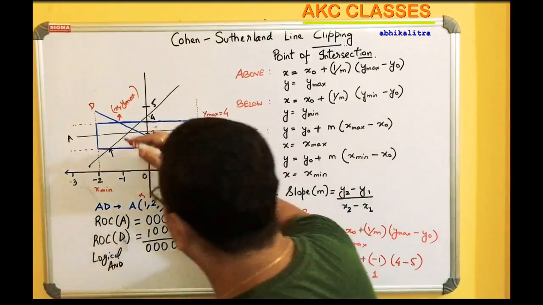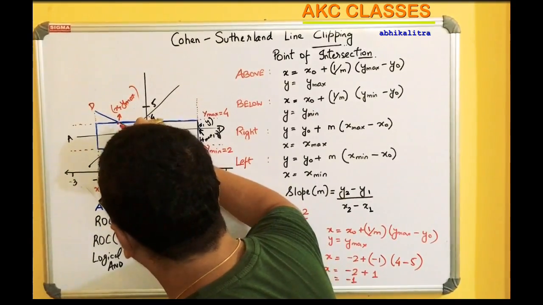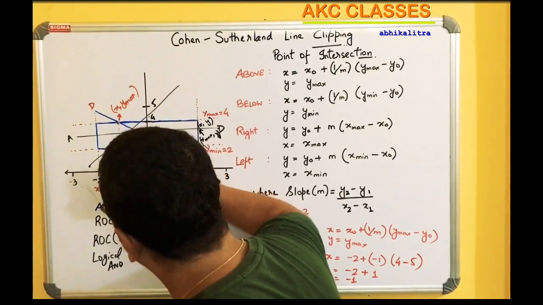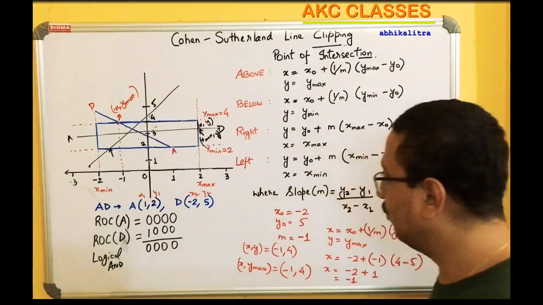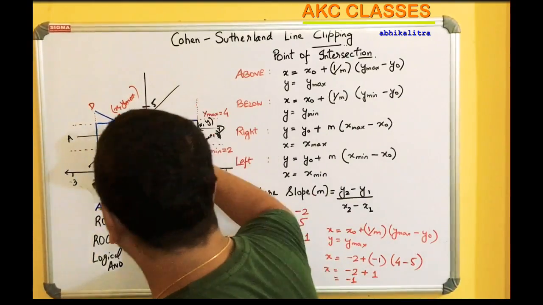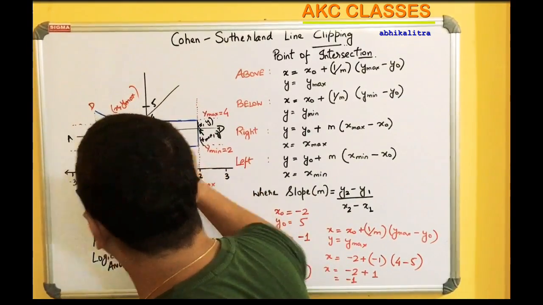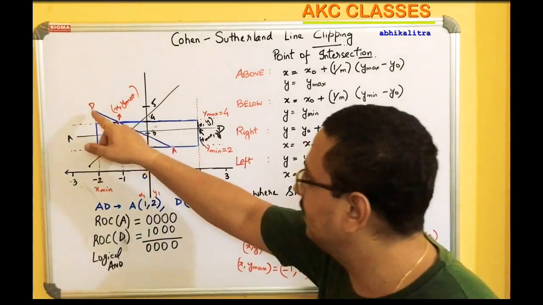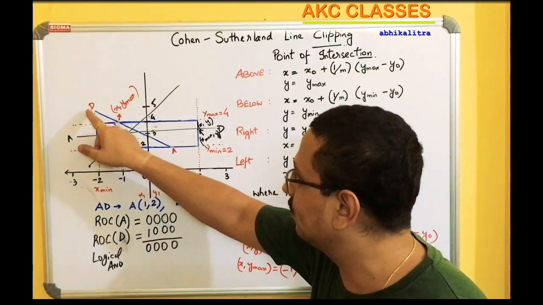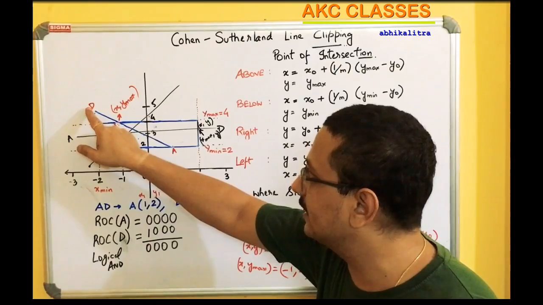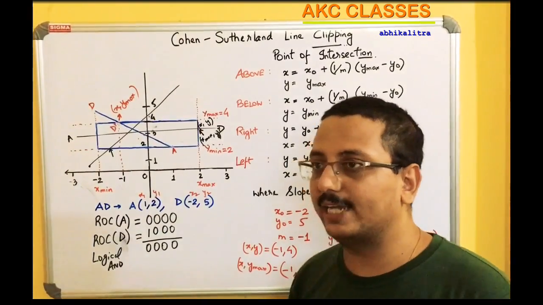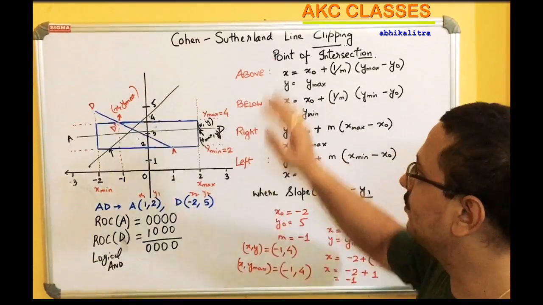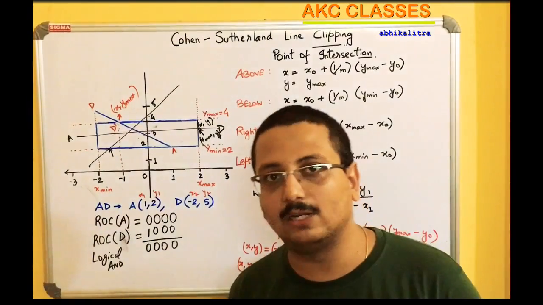See, the point of intersection here has a value of x equals -1, and obviously the value of y max is 4. So the D point is shifted down to here, and we name it D prime, and this is the trimmed off line. This particular point has shifted from this section to this section, and the line is trimmed off. In this way, we perform the trimming of a line using the Cohen Sutherland line clipping algorithm.